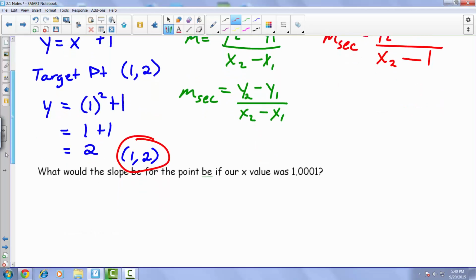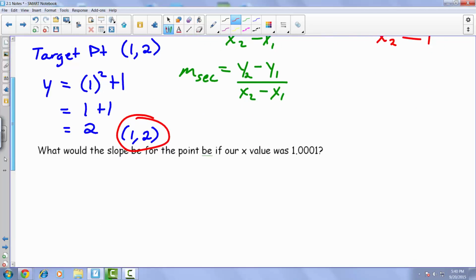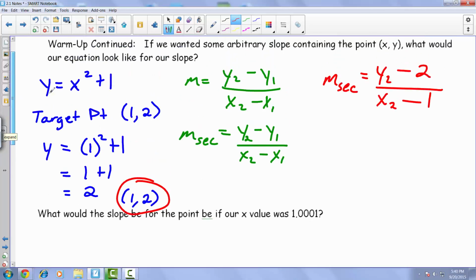So now we're curious, what would the slope be if our x value was incredibly close to our target point's x value? Well, first of all, we have to find the corresponding y value, to then be able to plug it in for our slope for the secant.